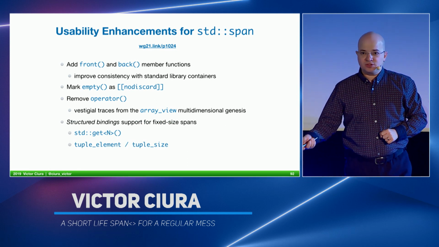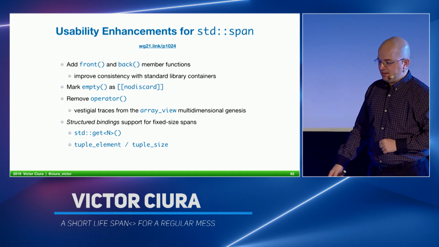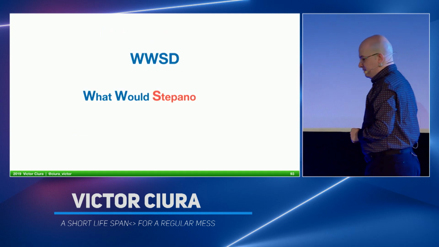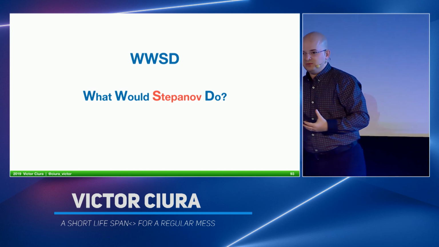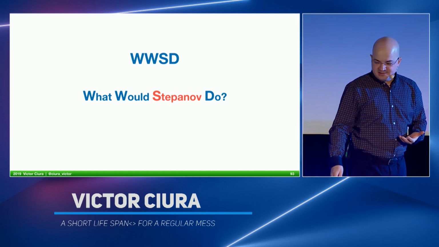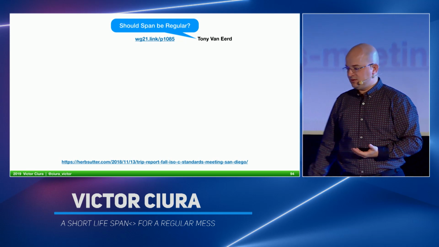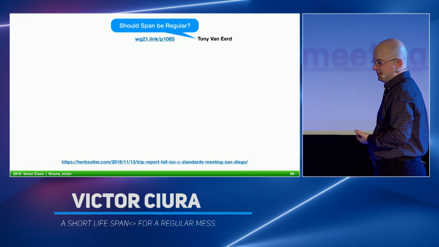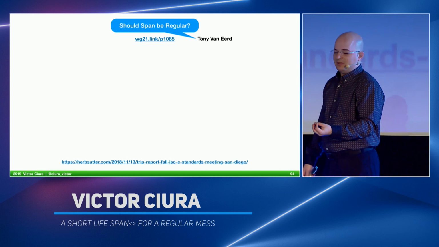We have structured binding support for fixed size spans. And now we have to think about what would Stepanov do if he were to design a span. And I think a very, very nice and very succinct paper from Tony Van Eerd is "Should span be regular?"